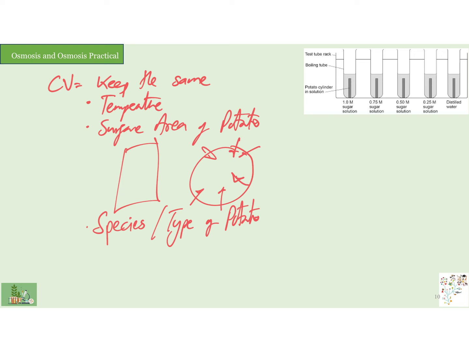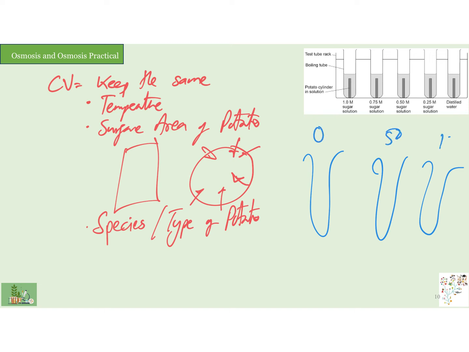Okay, so what will actually happen then? And this is the thing that everybody often struggles with. If I go back to my three examples again, 0%, 50%, and 100%. In the 0% solution, there is more water outside of the potato than there is in it. So water is going to enter the potato, which means the potato is going to gain mass.